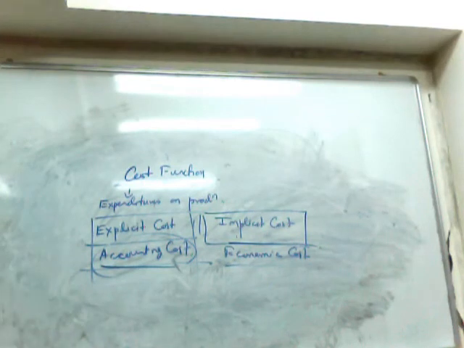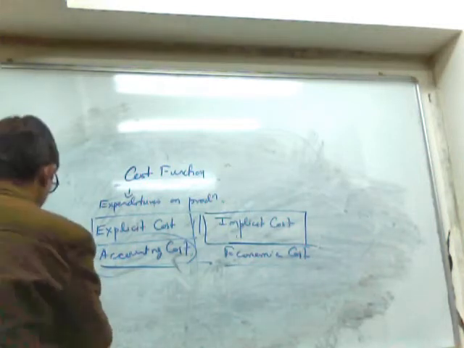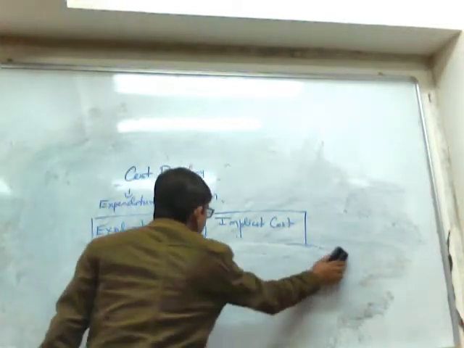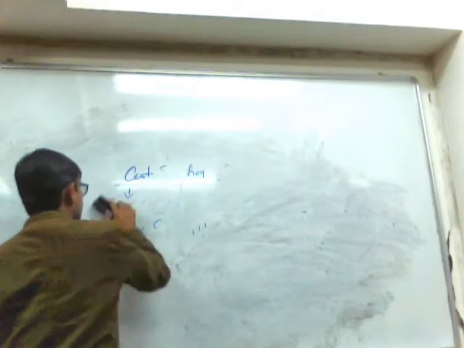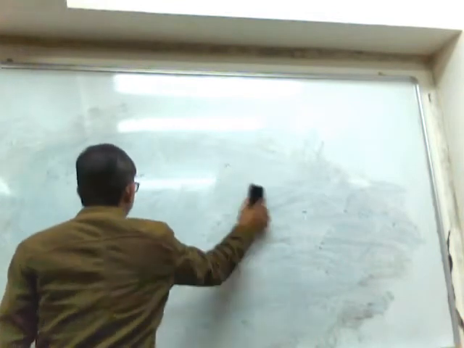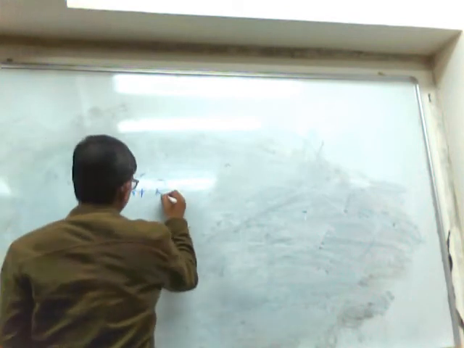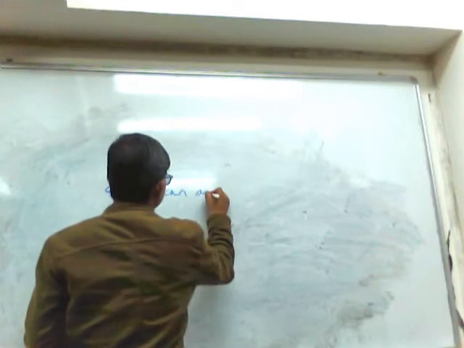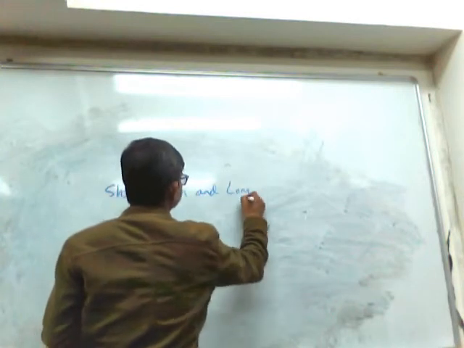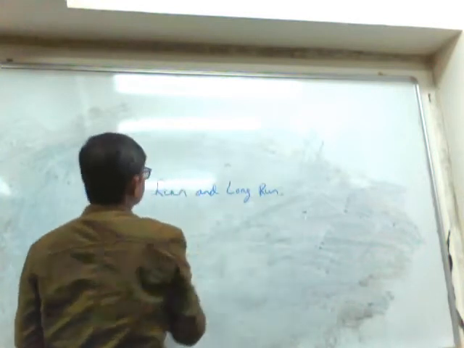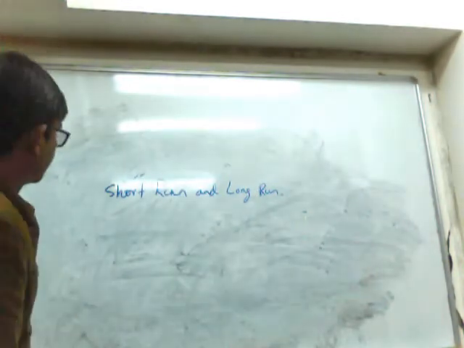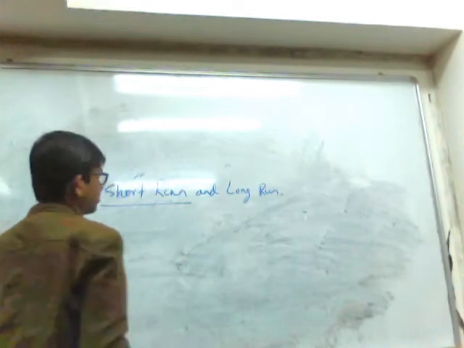And now the most important classification comes about the fixed cost and variable cost. If we want to discuss fixed cost and variable cost, first we need to know the difference between the short run and the long run. Short run means the time period in which at least one factor will remain fixed.